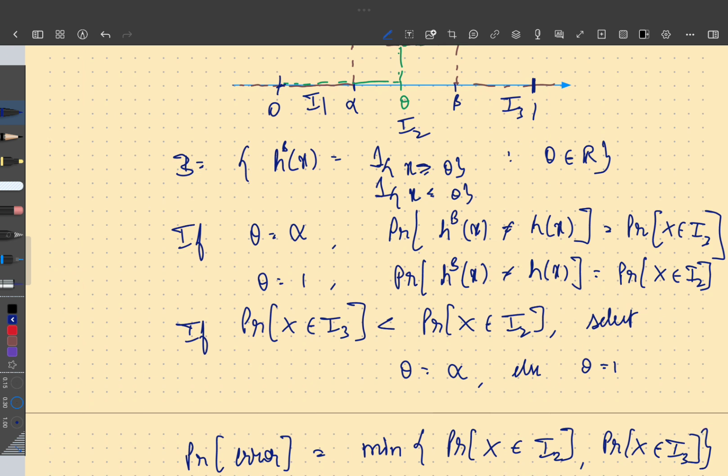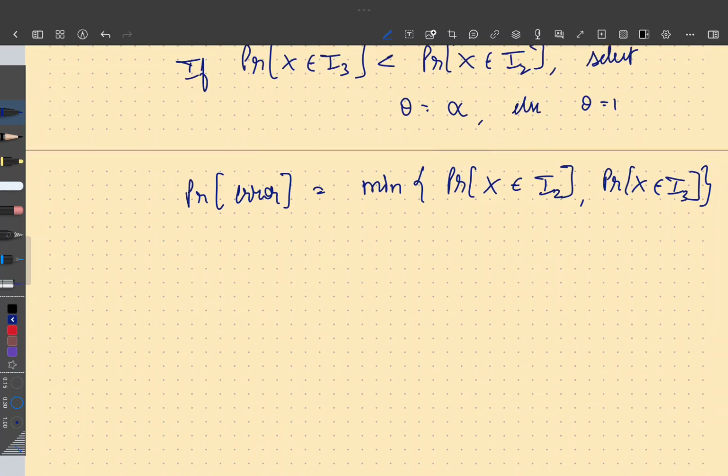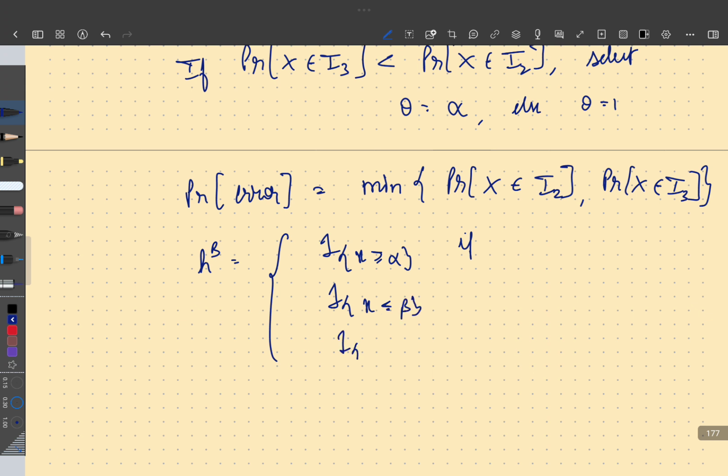Now my strategy is going to be: my HB is going to be indicator x greater than or equal to alpha, indicator x less than or equal to beta, indicator x greater than or equal to 1, or indicator x less than or equal to 0.